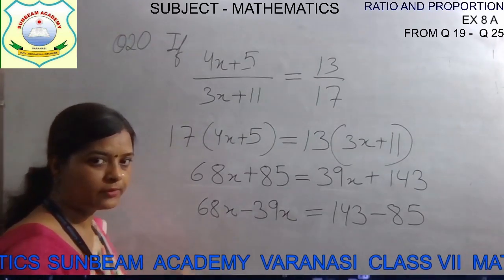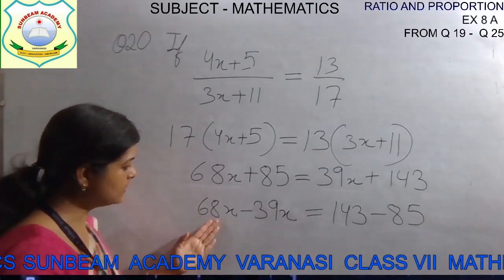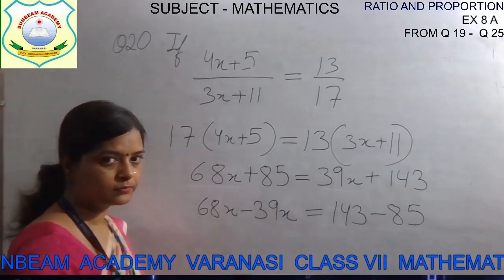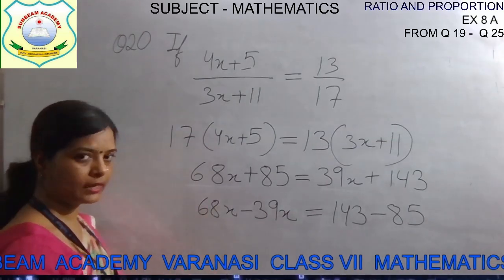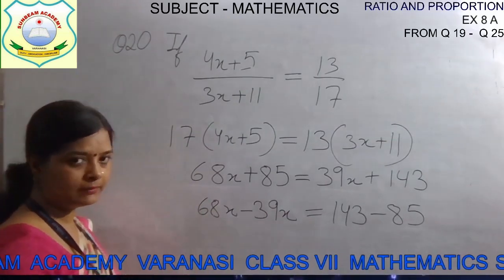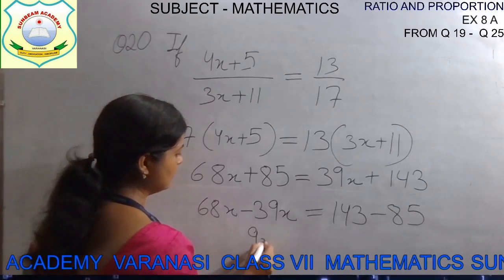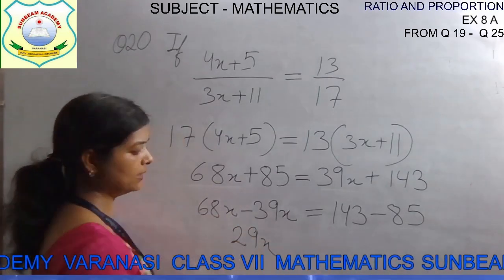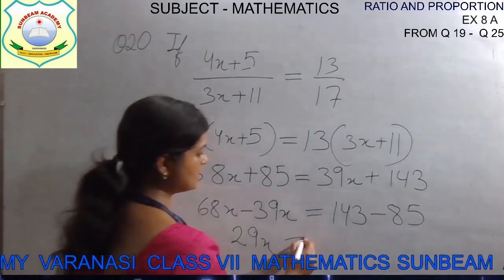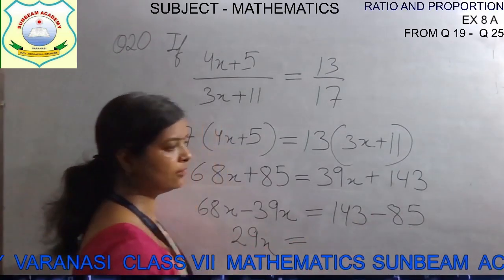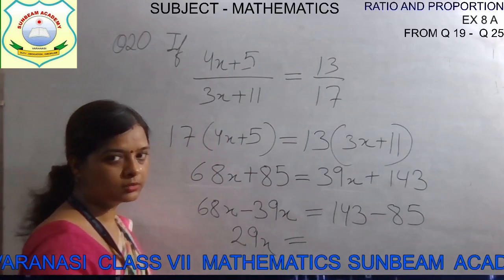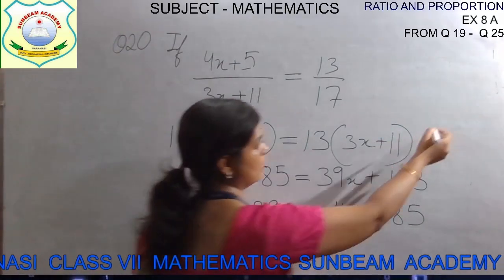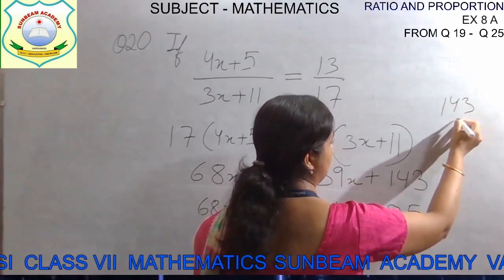Now just subtract it. 8 minus 9, can't, so it will take a borrow. Then 18 minus 9 is 9. 5 is left. 5 minus 3 is 2. So 29x. And on that side, children, 143 minus 85. Do it fast. 143 minus 85.